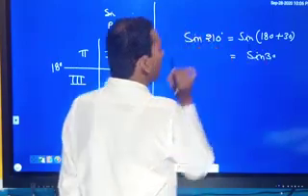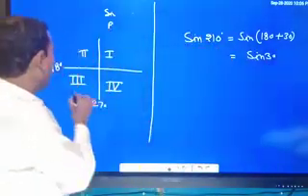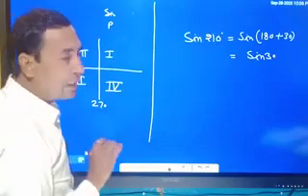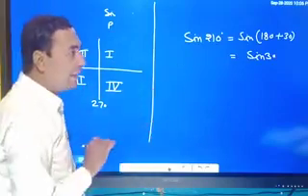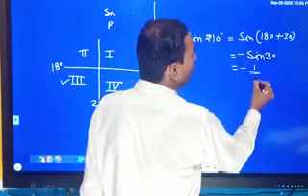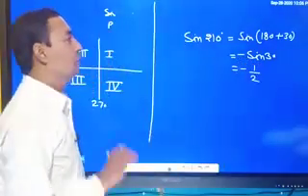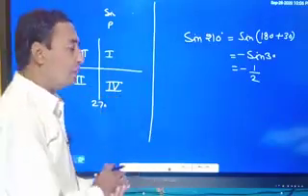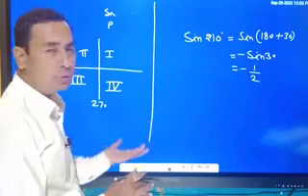Now is sin positive or negative in the third quadrant? In the third quadrant tan and cot are positive, so sin is negative, so minus sin 30, then minus 1 by 2 is the value of sin 210 degree. Like that we give some examples of these type of questions.